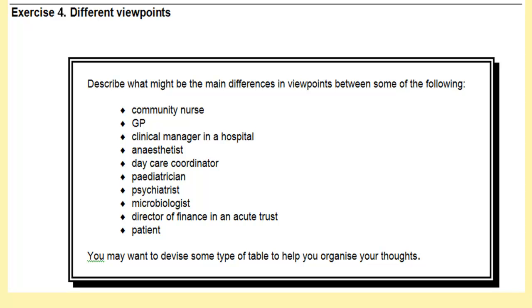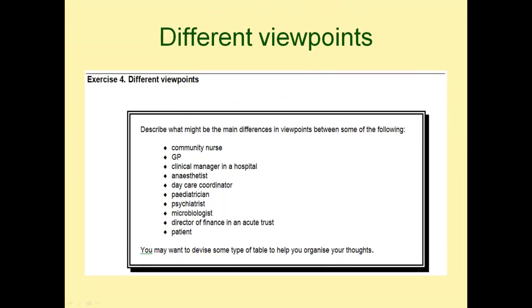A community nurse would define a very different set of attributes for a patient class than a GP, an anaesthetist, a daycare coordinator, a paediatrician, or a psychiatrist. They would all define different sets of attributes and different methods for their patient or client class, or whatever you want to call it. They'd even probably have problems defining what the terms mean, the names for each class. So that's why it's so difficult to design information systems that spread across multiple professions.